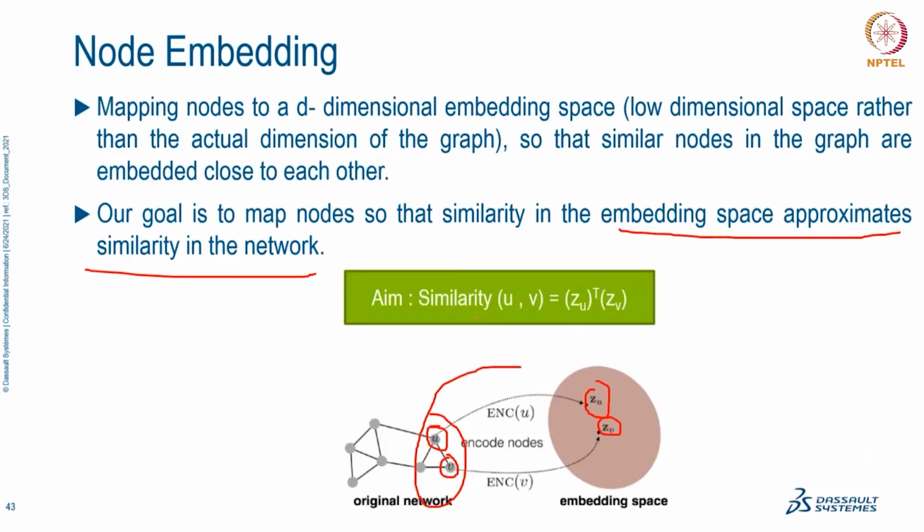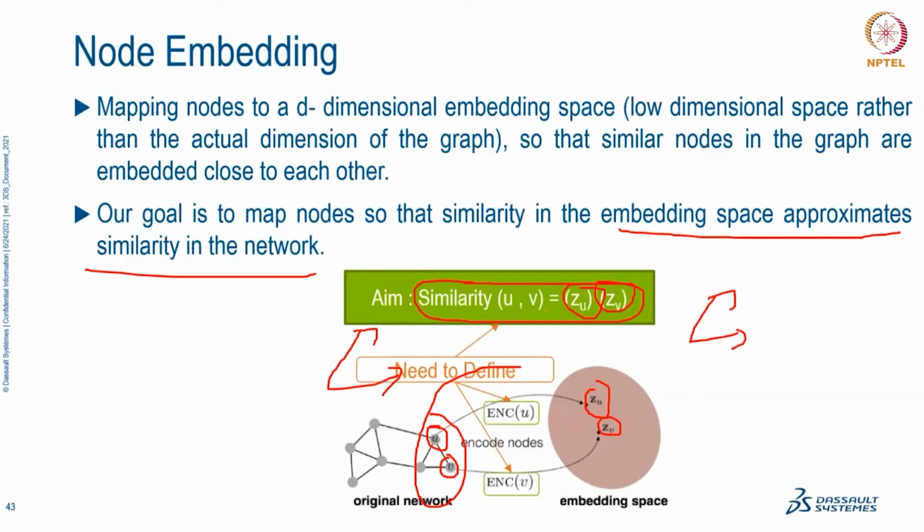So our main aim is to have a similarity function where this is the embedding space value of U and V, and for simplification, the dot product of this, that is, you can say cosine similarity. So the angle between these two vectors in embedding space is similar to the angle between those two nodes in the original network space. So this is the similarity.